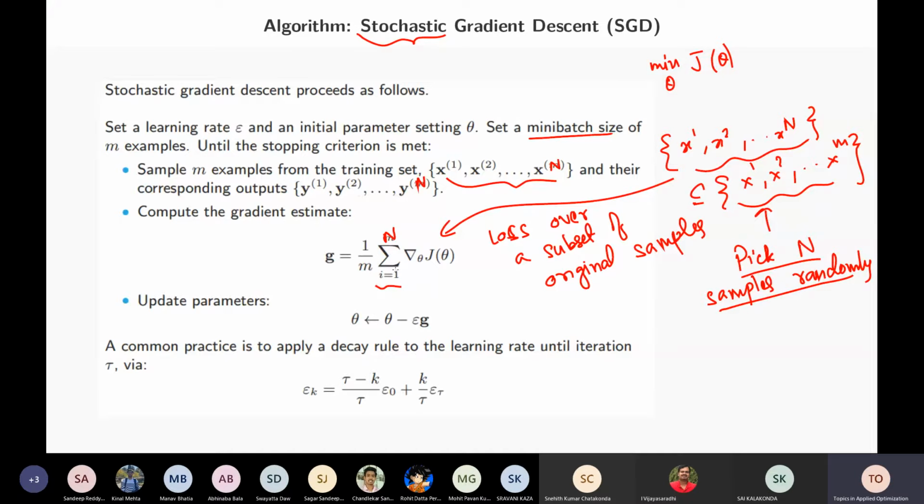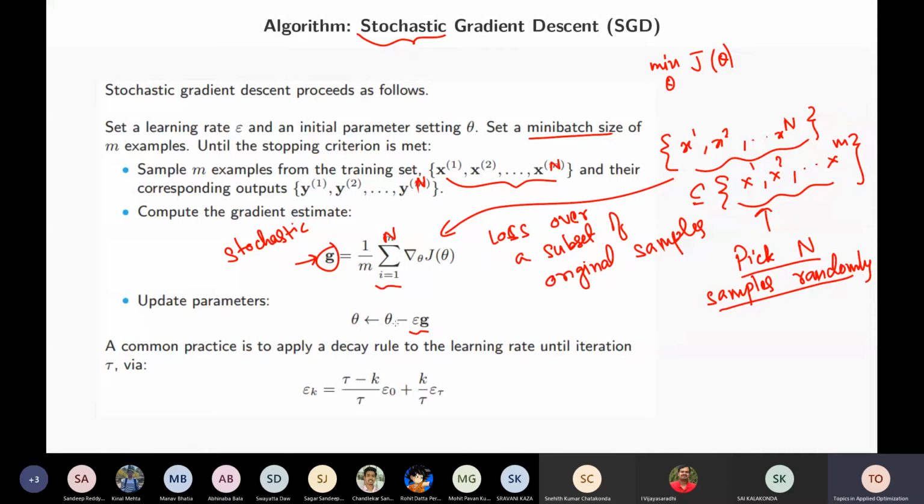That is the reason why, first of all, it's a partial gradient, because I did not compute the loss over all the samples. And the second thing is that I've chosen these samples arbitrarily. So that's why it's stochastic. It's not really the full gradient, but a stochastic gradient. And this is the usual process that we recall.